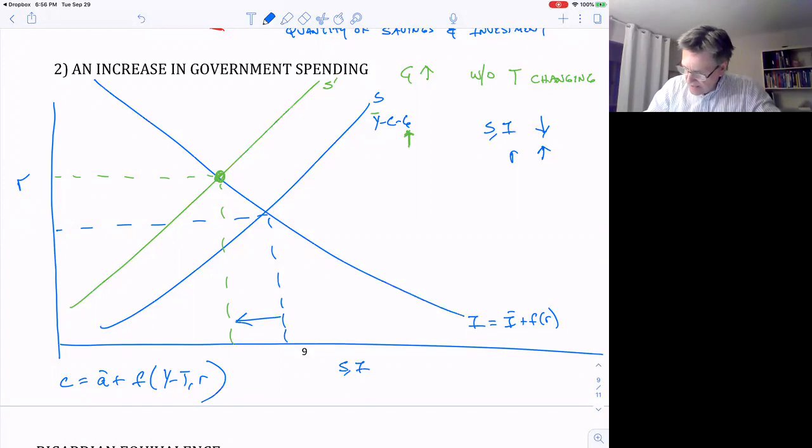Real interest rate goes up at equilibrium, which means consumption is going to fall a little bit, because consumption mainly changes because of income, but the interest rate will affect it. So consumption will fall a little bit.